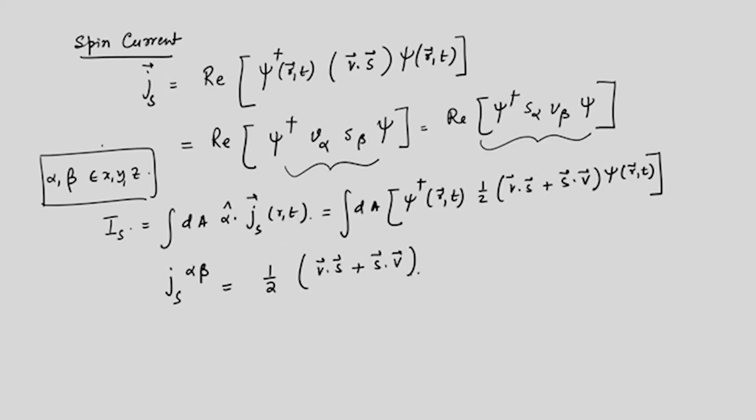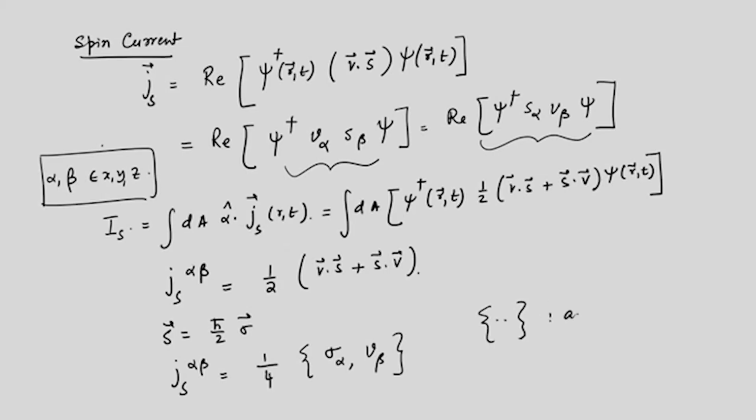So, this is the current operator, and if you use S equal to h cross over 2 sigma, where sigma denotes the Pauli matrices, in that case we can write Js alpha beta equal to 1 over 4. I have taken h cross equal to 1, and this is a sigma alpha and a V beta anti-commutator.